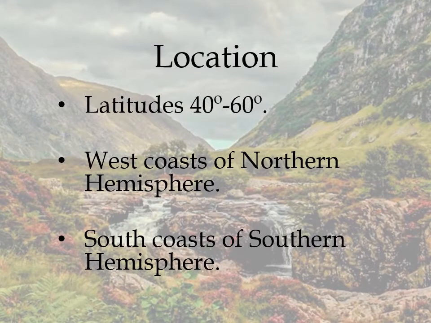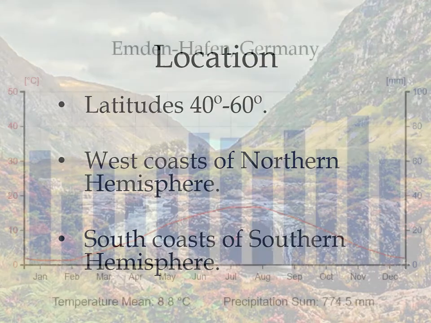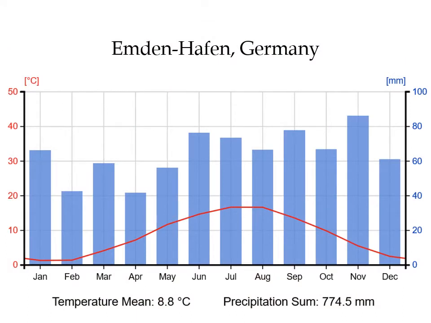But the most important ones are located between 40 degrees and 60 degrees, so in the temperate zone, north or south, at the west coast of the northern hemisphere because of the flow of the wind that carries the influence of the ocean, and the south coast of the southern hemisphere at the very south, where the influence of the sea is much greater.